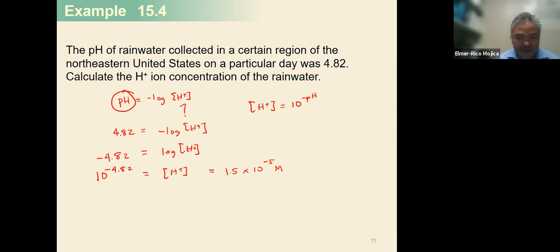Question before we go to our recitation? Before we call it a day at 11:30, I'll leave you with the quiz. So what I'm going to do now is maybe solve some problems that we have.